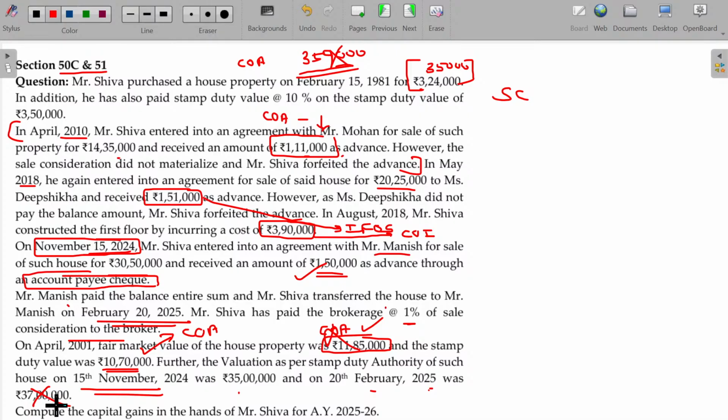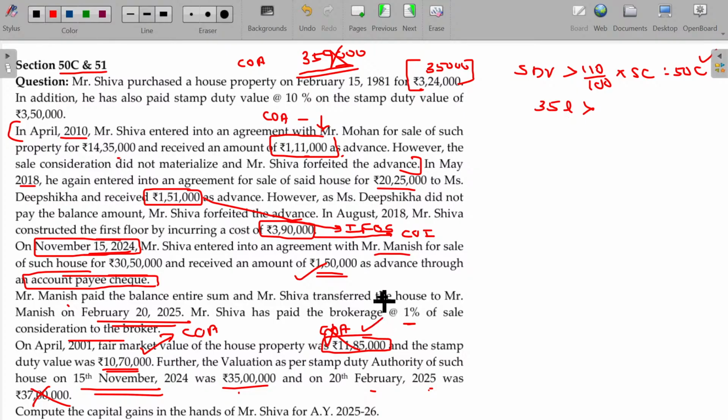Okay. So now you have to cross check whether 50C is applicable or not. If the stamp duty value is more than 110% of sale consideration, then 50C is applicable. Stamp duty value in this case being 35 lakhs, and higher than what?